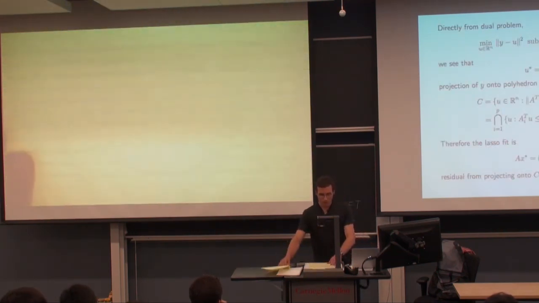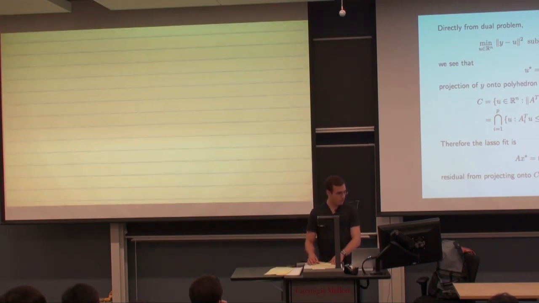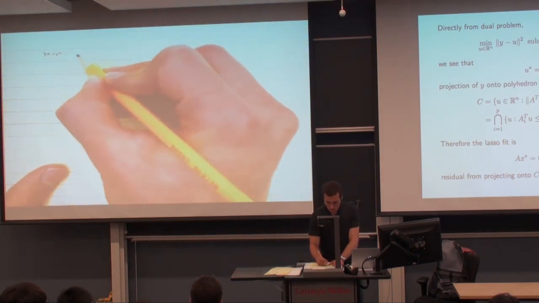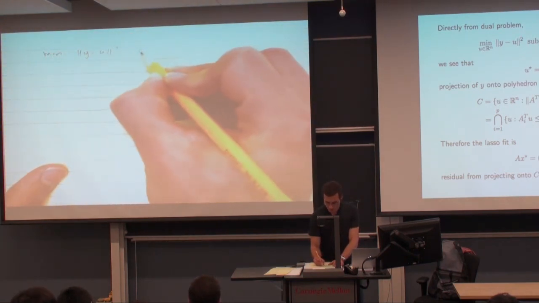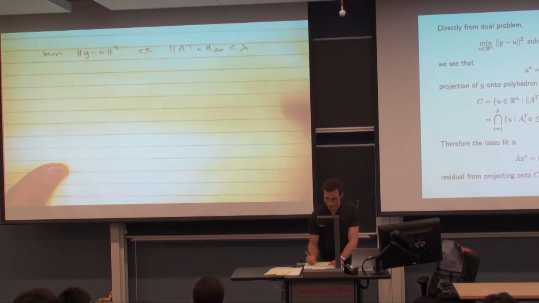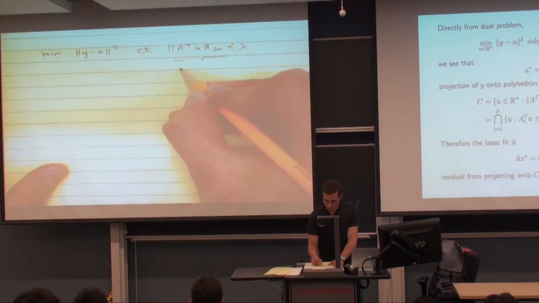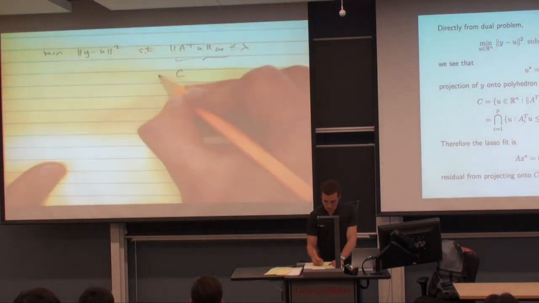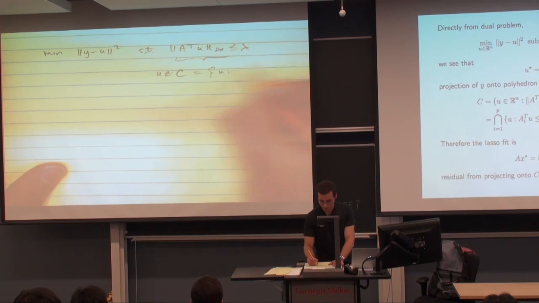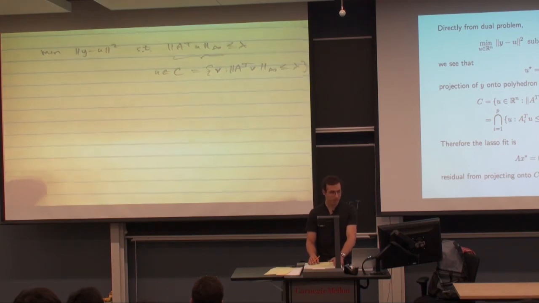Now if I look at the dual problem, I can see something directly, which is trivial from looking at the dual problem, but from the primal problem it's not so obvious. So the dual problem looks like this. And I'm just going to call this set C. So I'm going to write this as u is in C. And C is going to be equal to the set of all v, just so not to confuse you, such that the infinity norm of A transpose v is smaller than or equal to lambda.